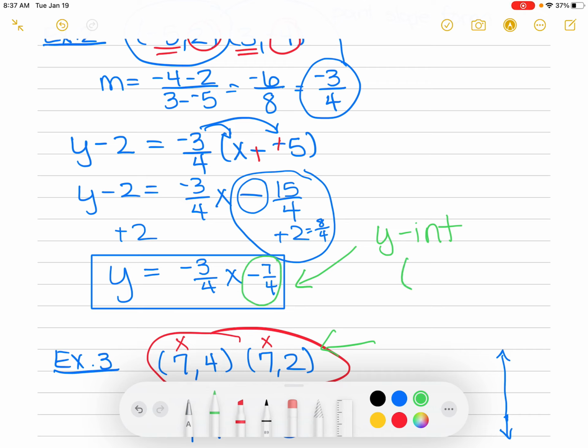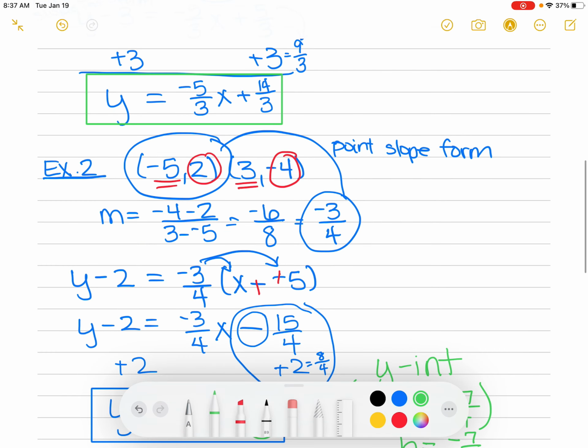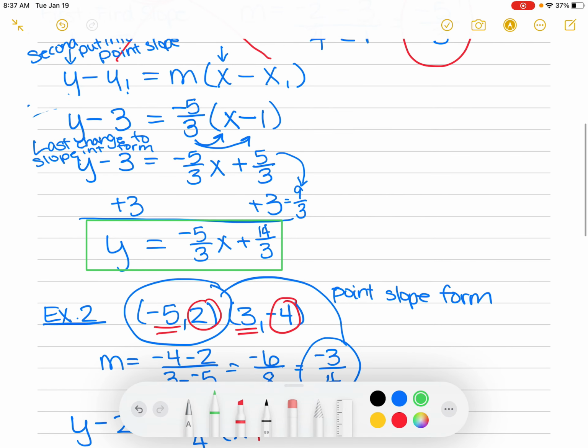So I would say my y-intercept is (0, -7/4). A student asked me before how to write that when they ask for y-intercept. You could also write it like this, b equals negative 7/4. Both of those are correct. Your book sometimes does it one way, and another day it will do it a different way, so looking at the answers, it might be different each time.